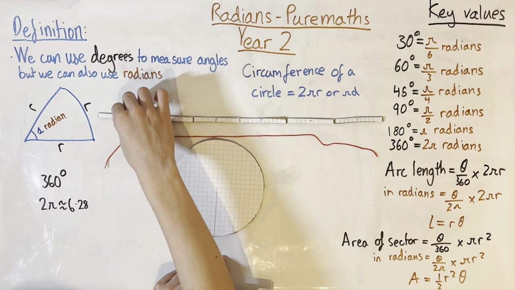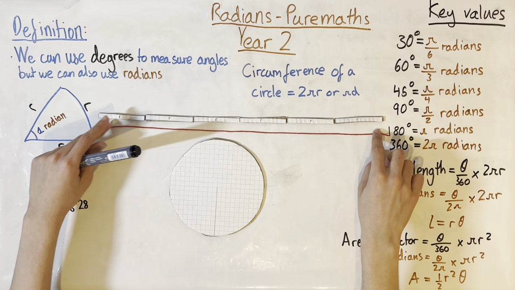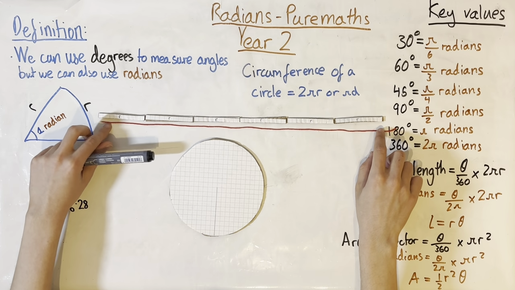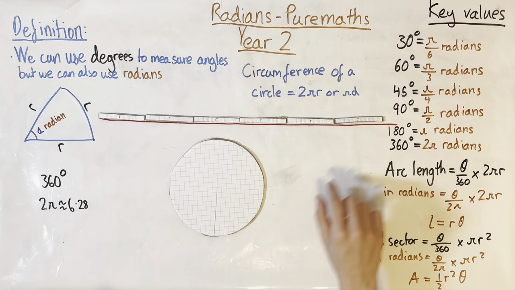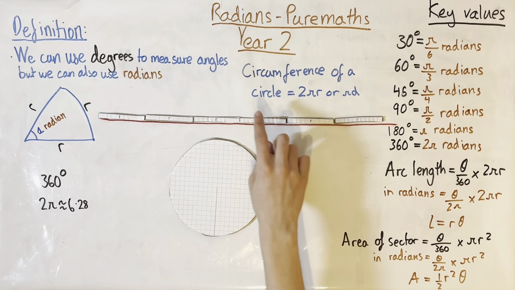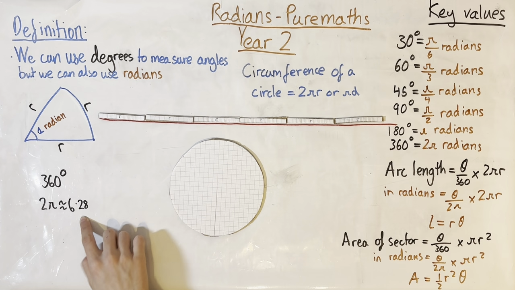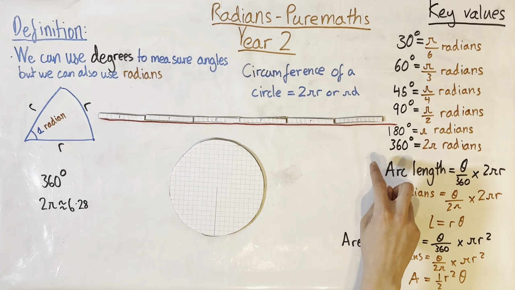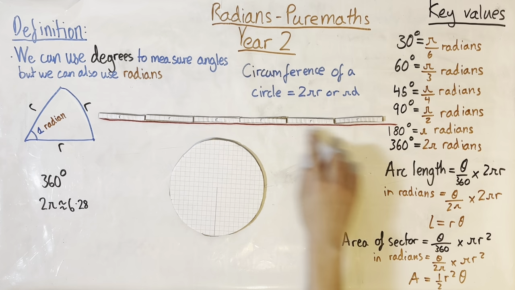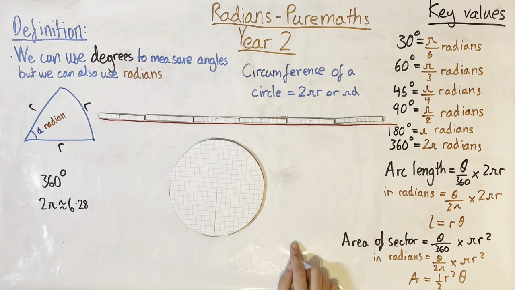Now, if we put our circumference here and line it up with our radius, we can see that it's 1, 2, 3, 4, 5, 6, and a little bit, which is our 0.28. So it's 6.28 of our radius. In other words, this is 2 pi r, or in other words, it's our circumference.